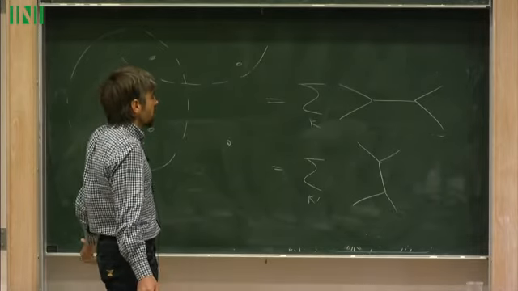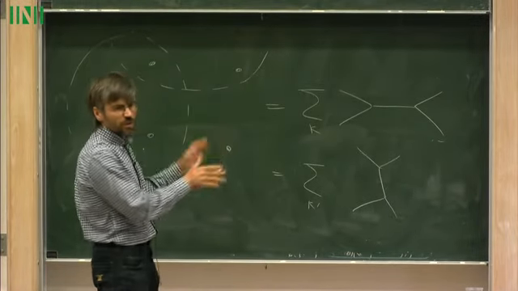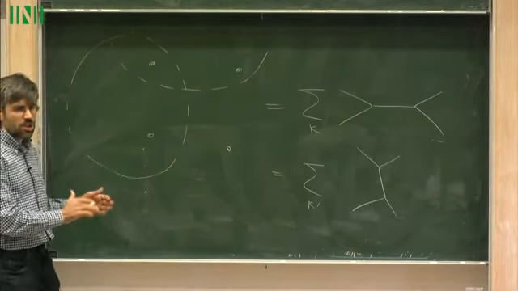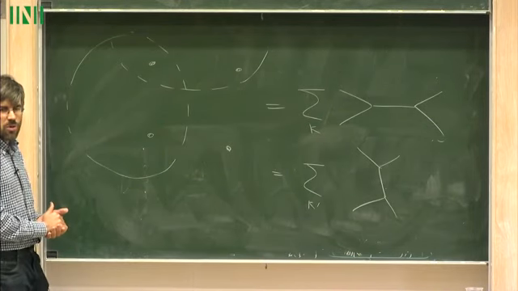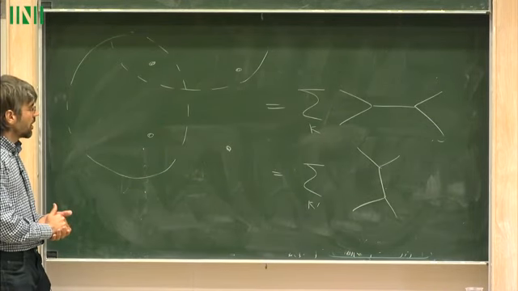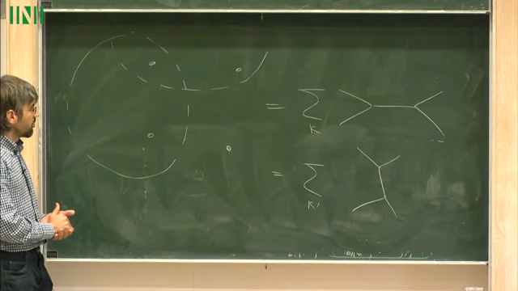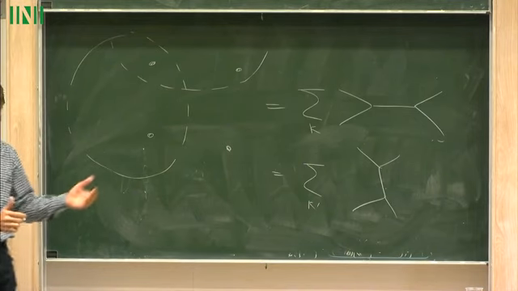And these expansions, you can write in a different way, and it becomes clear that this is an associativity constraint on the operator algebra. So this is what we call the bootstrap equation.